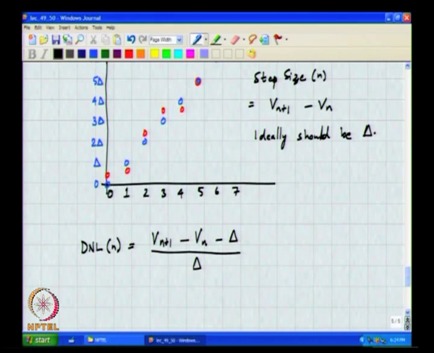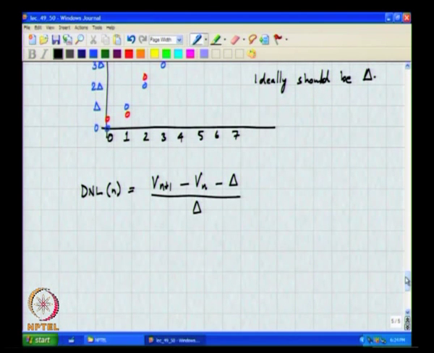All right. And similarly, this is normalized to the step size. The units of DNL of n is in LSB.